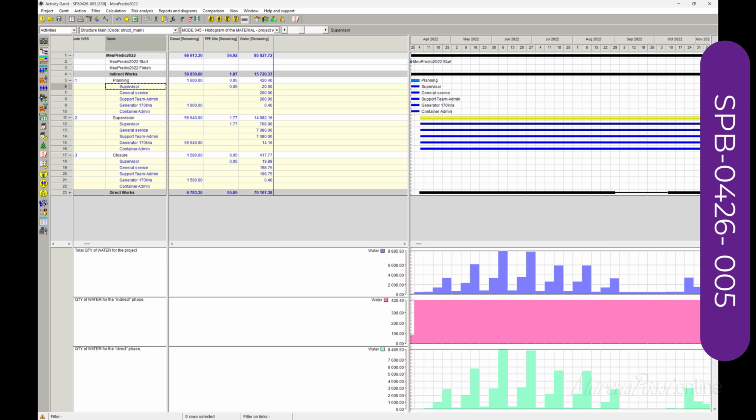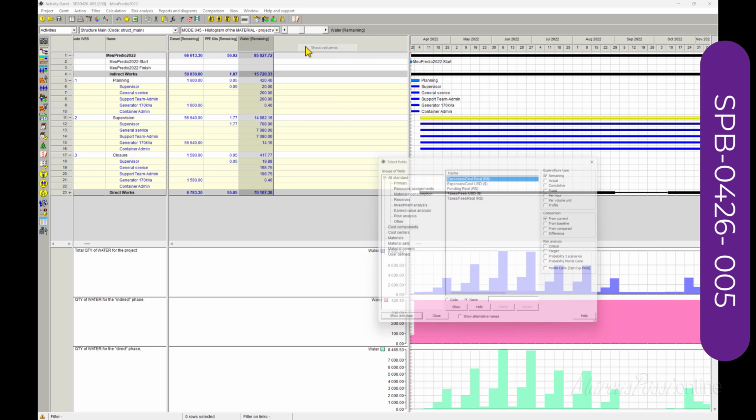Okay, let's see here the way you build your layout. 45, histogram of material, project water. I have to find WBS code, name, fields of the components of the totalizers of the indirect cost center. Diesel, PPE kits, and water.